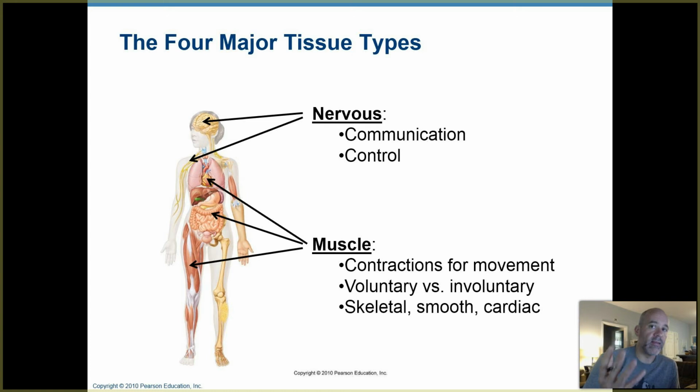And then the body is built from 4 major tissue types. Now, there are subdivisions of those 4 different types, which you'll learn about during this part of the course. But in general, everything in your body is built from these 4 different kinds of tissues that are woven together, kind of like fabrics, as your textbook refers to them, to build all the different structures in the body.